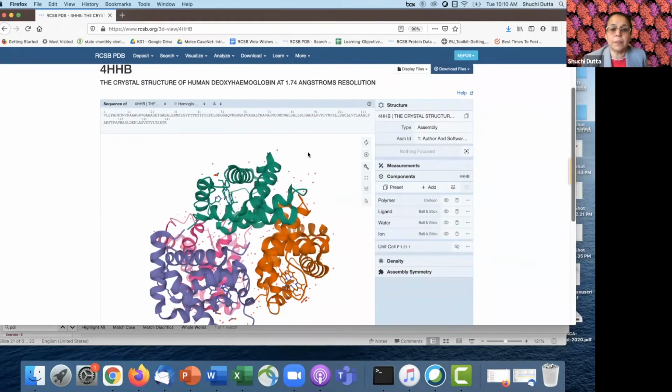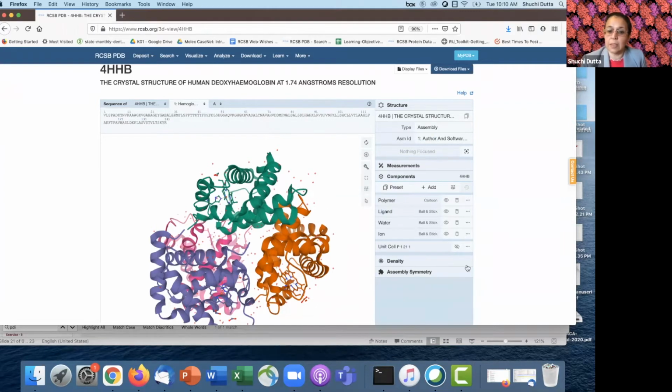On the top, this frame gives you the different contents of whatever you're seeing. So in this case, there are the two hemoglobin chains. So these are the two entities. And if I select one entity, there are two copies, so chain A, chain C. And other than that, there is the heme group, phosphate, and waters.